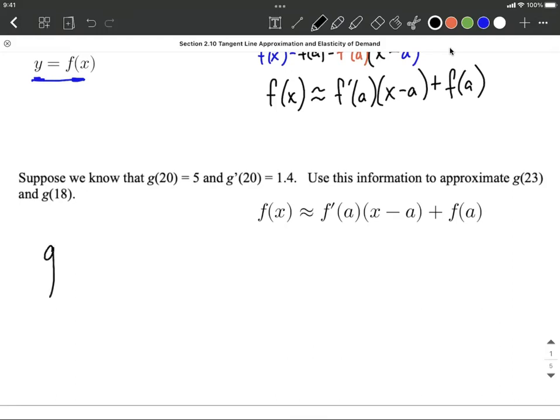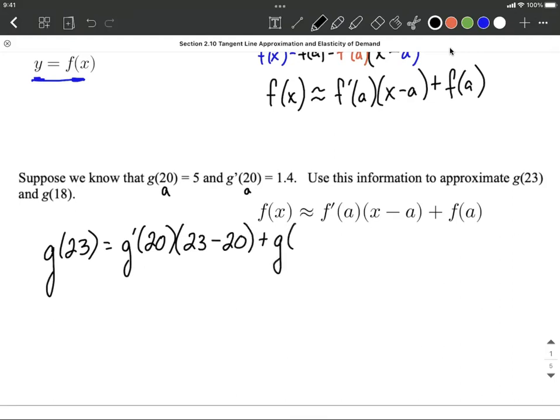Let's approximate g of 23 first. g of 23 is going to be g prime of 20, since we're choosing 20 as our value for a, multiplied by 23, our x value on the left side, minus 20, our a value, plus g of 20.